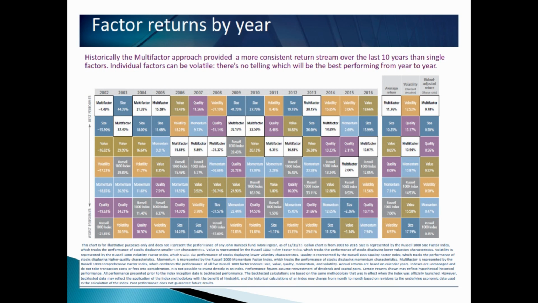The boxes that have the white background are multi-factors, which tend to be always in the top 1/3 of the chart, as opposed to never being on the bottom, because sometimes certain factors may be on the bottom of the chart for several years and just occasionally rise up to the top. So the objective of a multi-factor fund is simply to, one, get exposure to multiple factors, but also to lean the fund left or right to emphasize or de-emphasize certain factors sometimes.